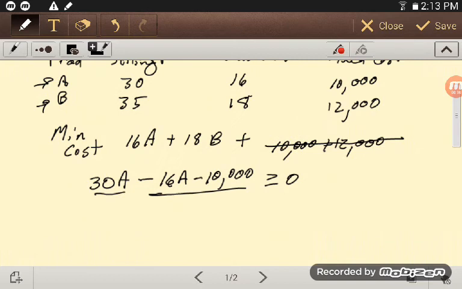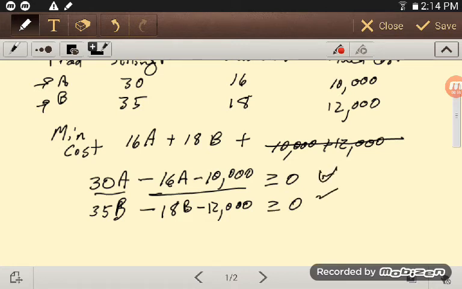And so I will do a greater than or equal, and then similarly 35B is the revenue there, minus 18B minus 12,000 has to also be greater than or equal to 0. So there are our break-evens, but now they also said that they've already contracted for 500A, so A needs to be greater than or equal to 500, but B simply needs to be greater than or equal to 0. They didn't say anything about B.